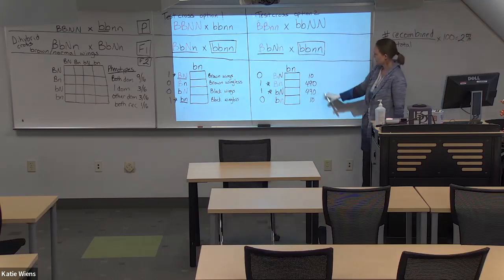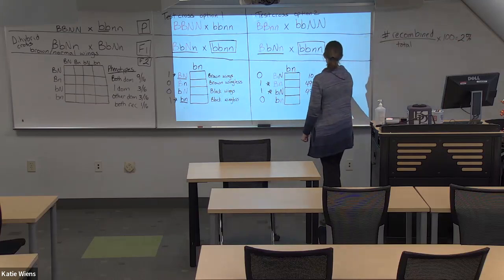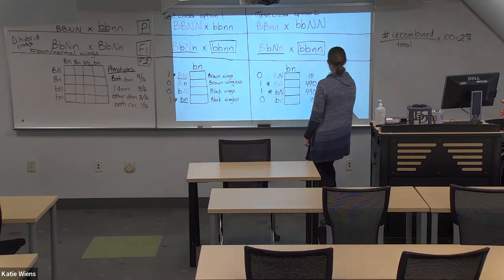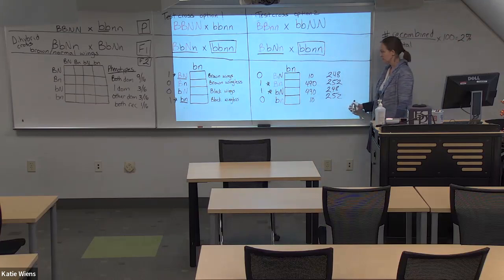So that's our 2%, how you're going to calculate these. If I gave you numbers that were more like this, I'm trying to make them a little bit different, but easy, right? Then that's a 1 to 1 to 1 to 1 ratio, and those would mean that they are not linked.